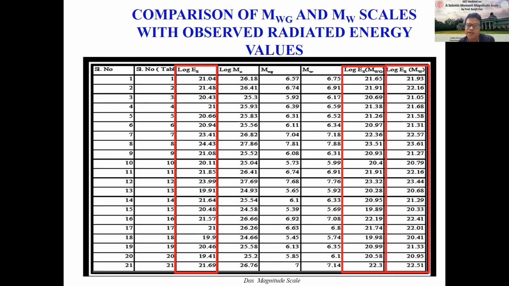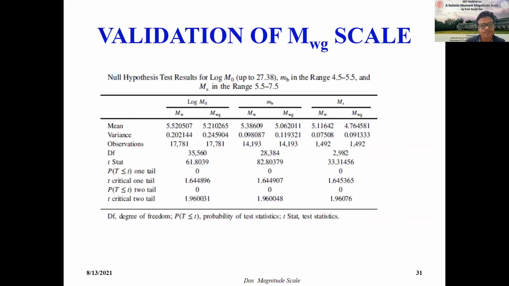Using this equation, we estimated the log energy using the MwG, and also Mw. We found this log of Es is very close to the observed log of Es. So in most of the cases, around 85% of the data, we found these scales very close to the energy.